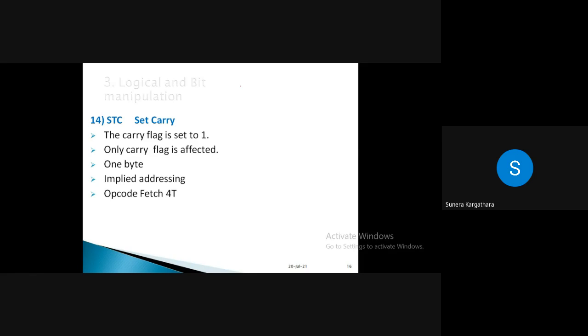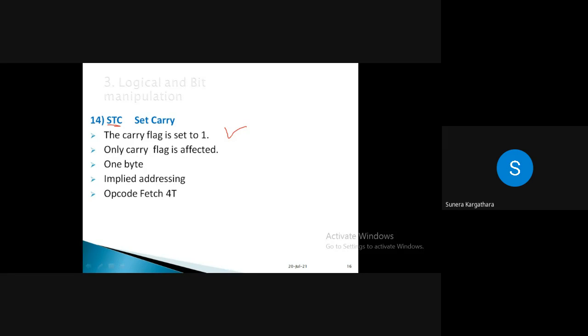Suppose the result in my accumulator is negative, that will be reflected in the flag register. But suppose I want to make the flag set if it is reset, that is not possible with any previous instruction. But through STC, you have a provision to set the carry flag. If it is already set, then it will remain as it is. But if it is 0, you can set it to 1.